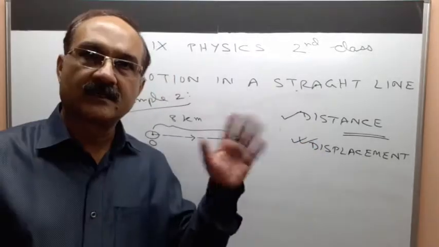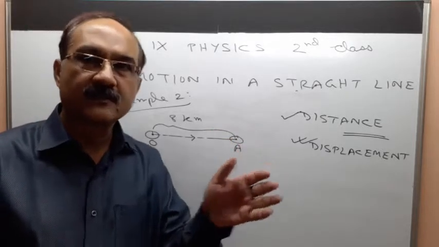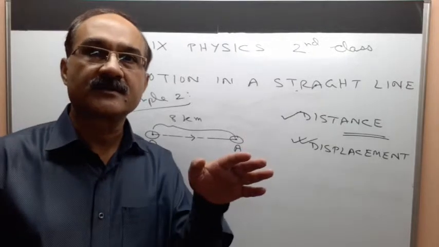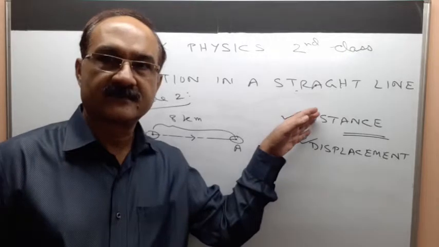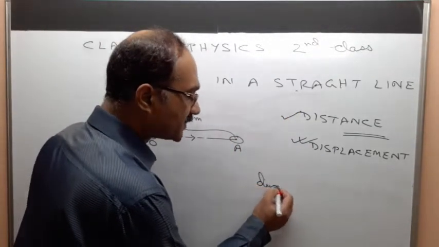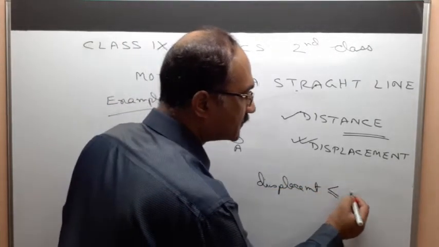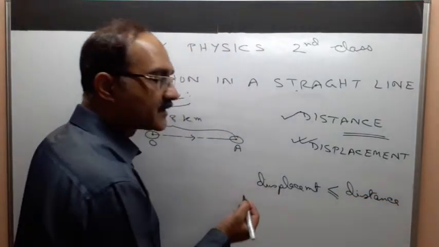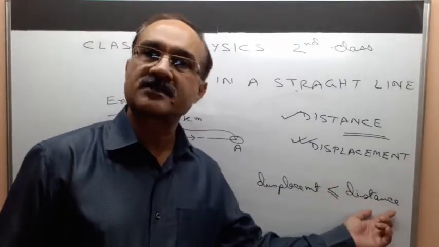Clear? In the earlier example, that is example 1, we have found that the distance covered was 4 plus 3, 7 kilometers, but the displacement was 5 kilometers. That means the value of the displacement was less than the distance traveled. Now this is always true: the magnitude of the displacement is always less than or equal to the distance traveled.